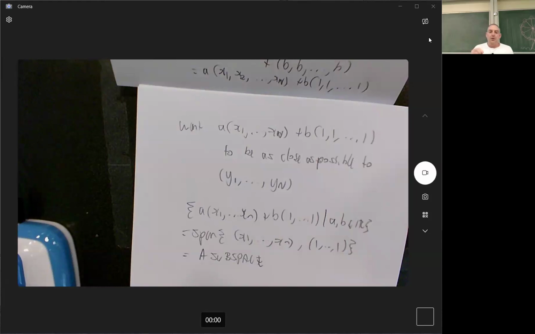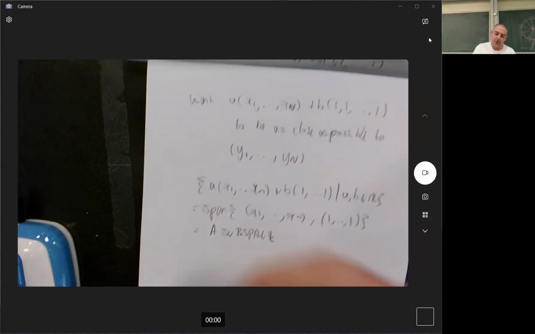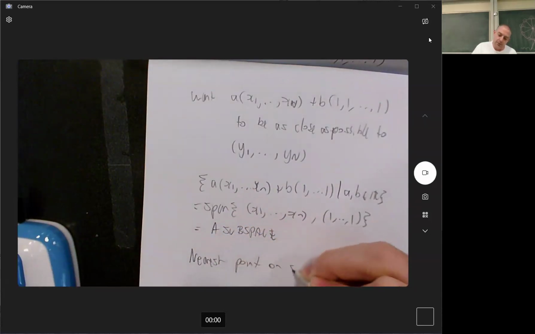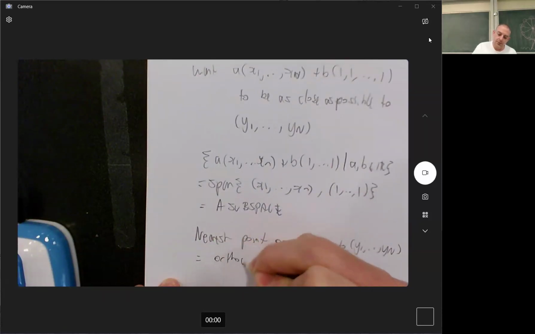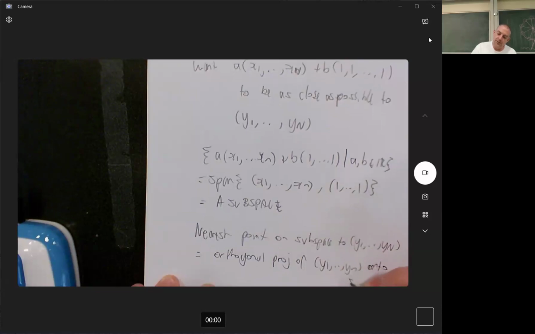Okay, so if I want the nearest point on this subspace to that point, that's what orthogonal projection does. So the nearest point on the subspace to (y1, ..., yn) equals the orthogonal projection of (y1, ..., yn) onto the subspace.